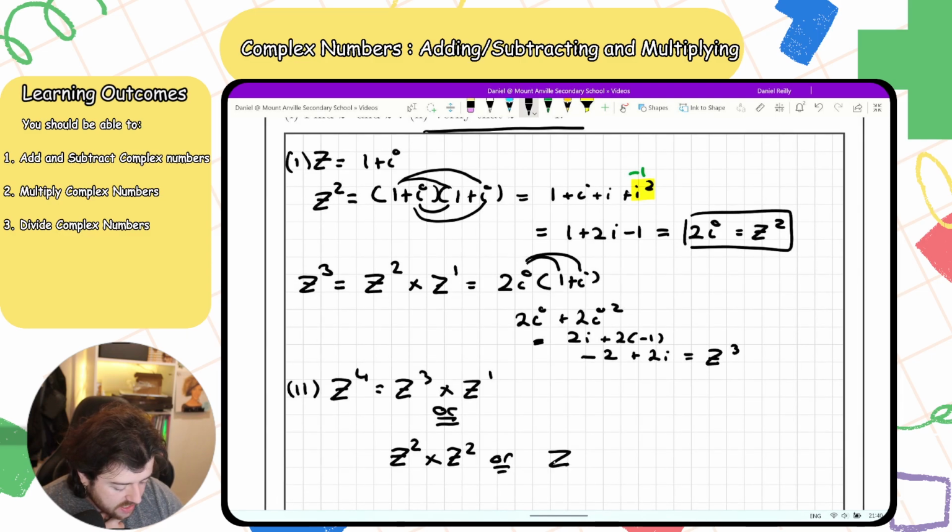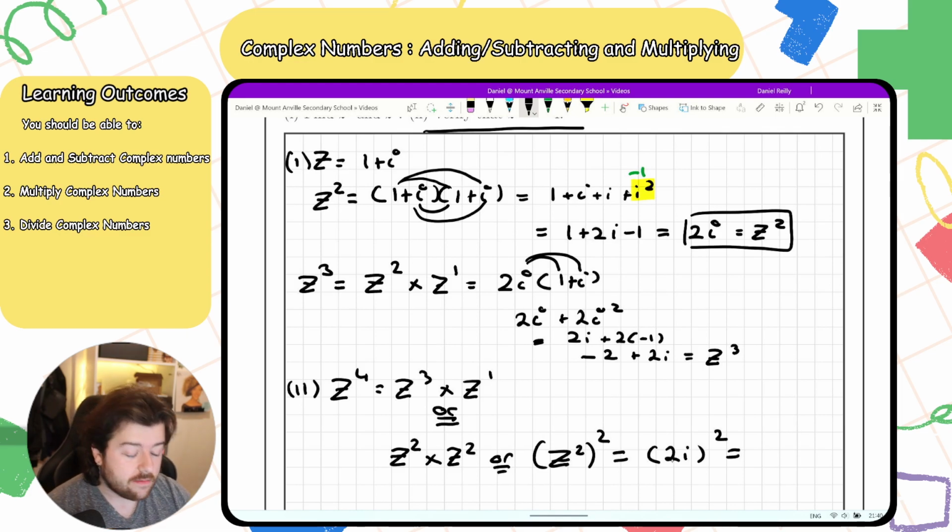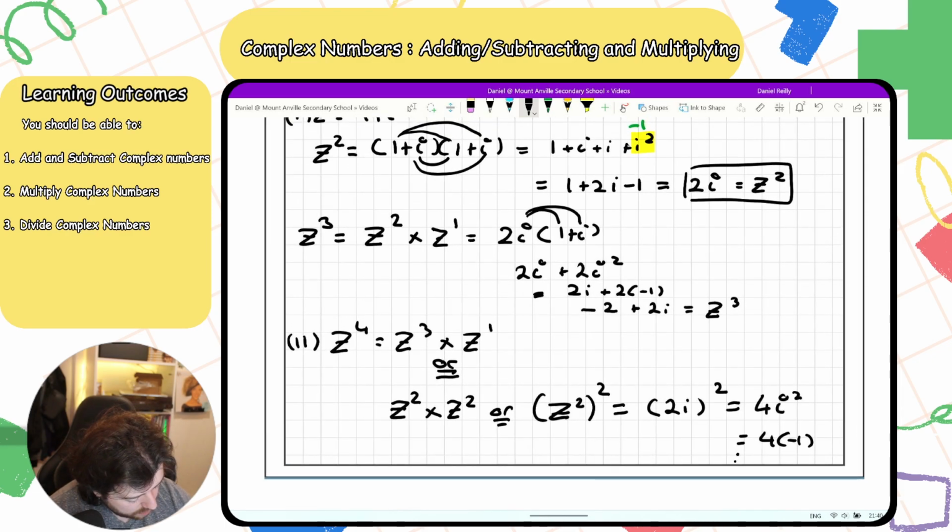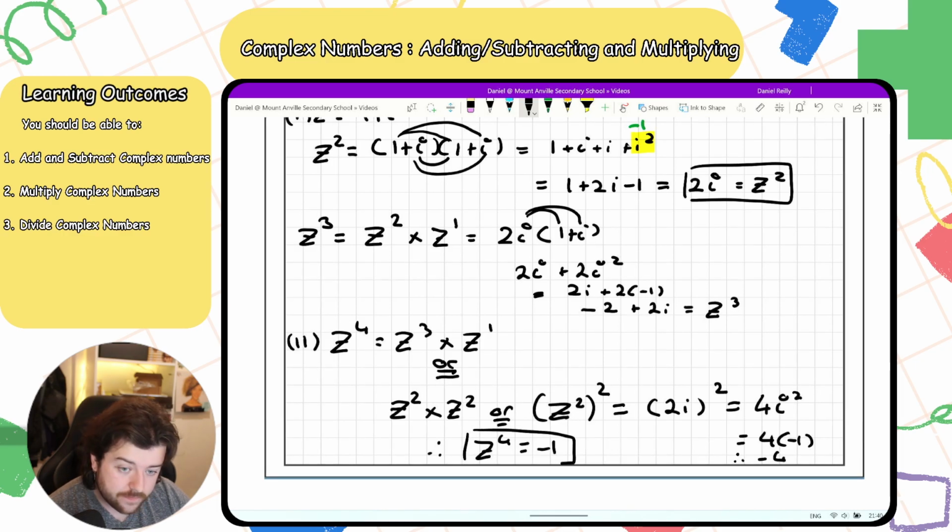Or just z squared all squared, which is 2i all squared. And then if I have 2i squared, that's going to be 2 squared, which is 4i squared, which is 4 times minus 1, which gives me minus 4. So therefore, z to the power of 4 equals minus 4.